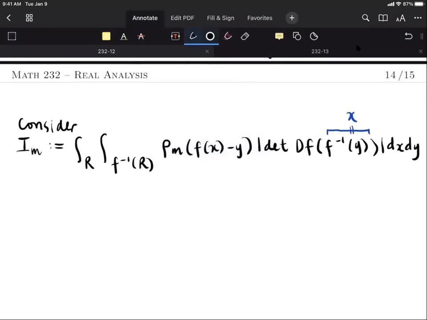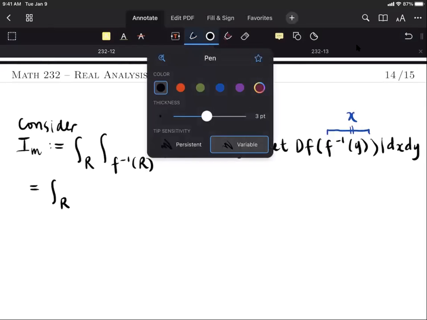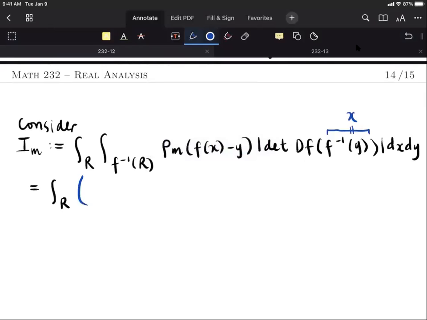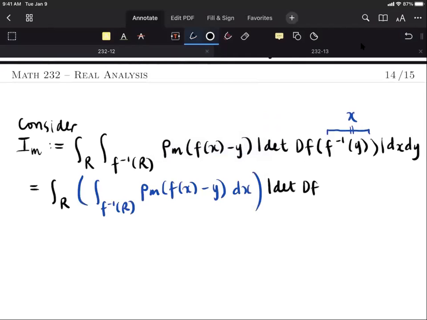So we can write this as follows. So we have an iterated integral: rho m of f of x minus y dx. Take note that here we have a variable independent of x, so we can factor that out.